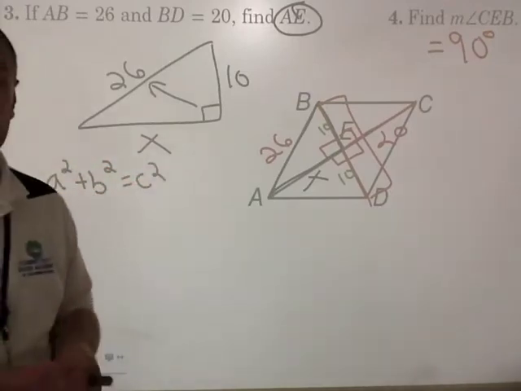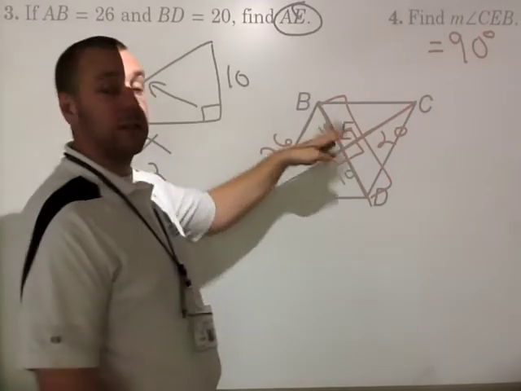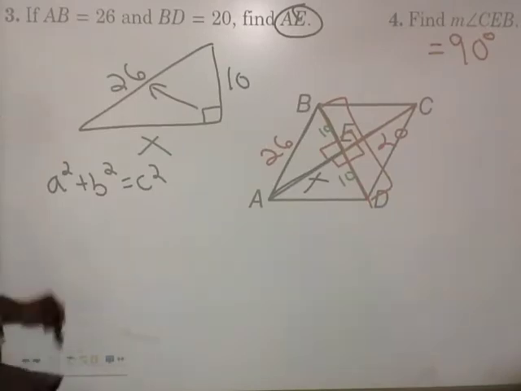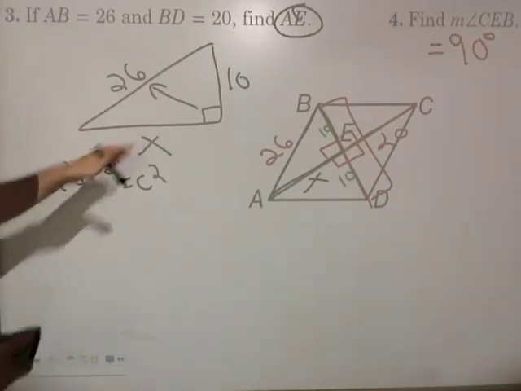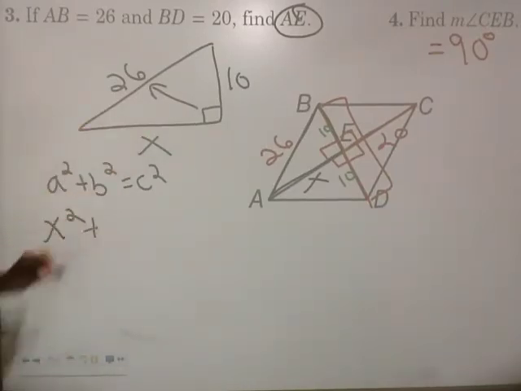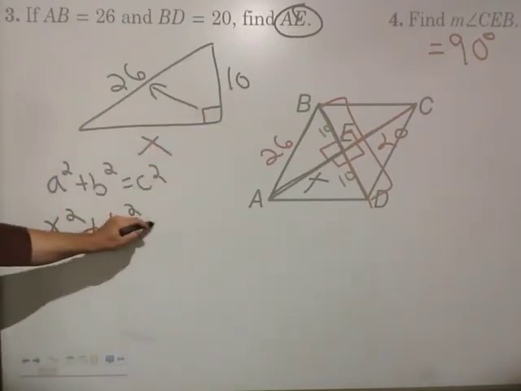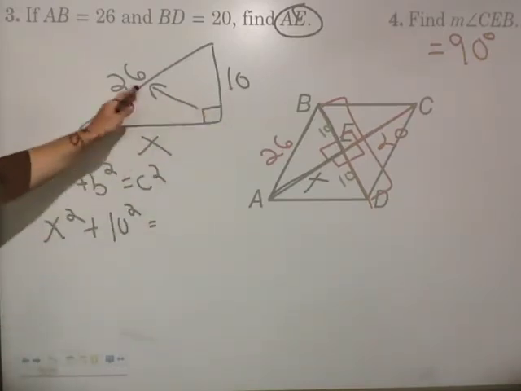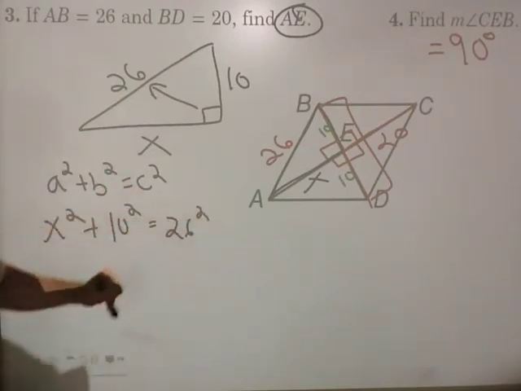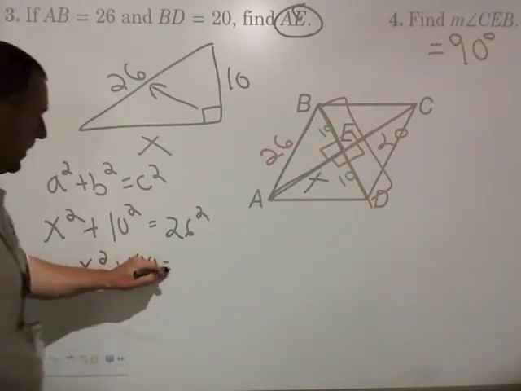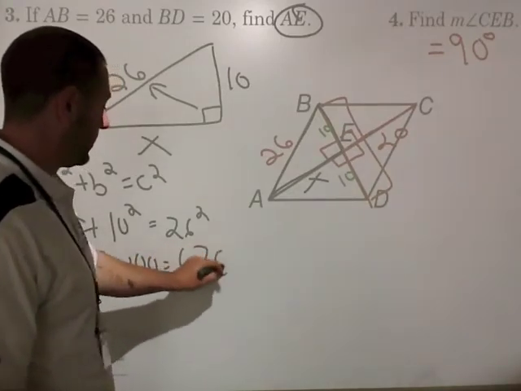And you're going to find that with rhombuses because of all these right angles. So then a squared is going to be x squared plus b squared, which is 10 squared, equals c squared, which is 26 squared. So then I square them. x squared plus 100 equals 676.